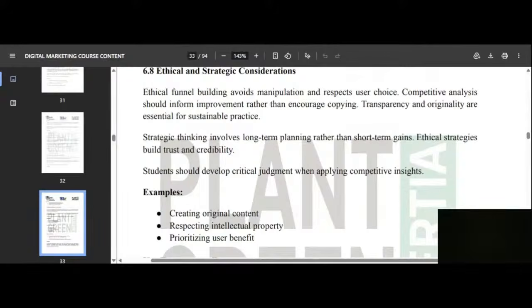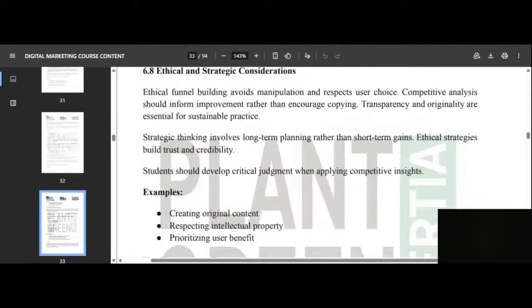Now let us discuss what brand reputation management is. Reputation impacts your conversion rate, customer lifetime value, and referral traffic.